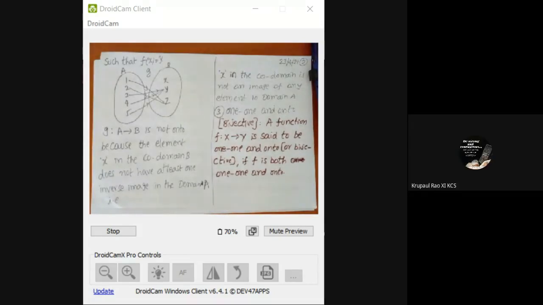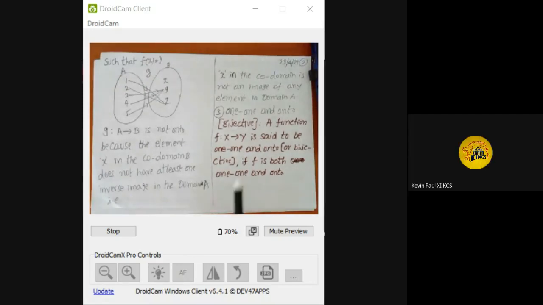Next, Krupal. Read. A function f is a mapping from x to y is said to be one-one and onto or bijective if f is both one-one and onto. Next, Kevin Paul.